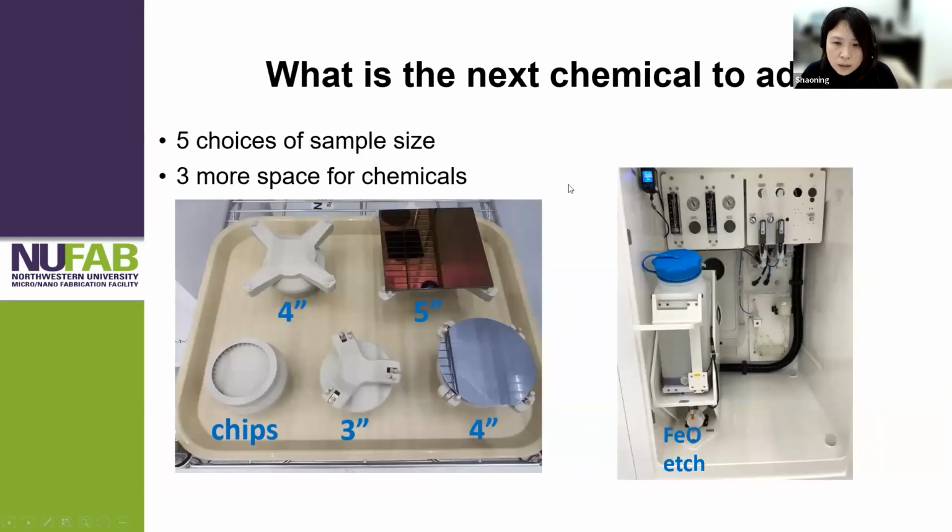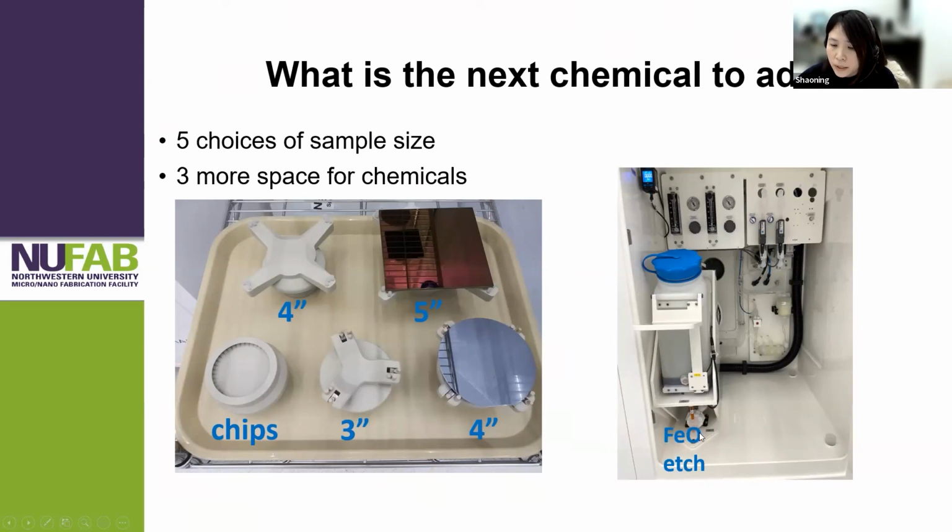So right now, this is what we have. We actually have the capability for 4-inch and 5-inch photomasks. We already have sample holders for 3-inch wafers, 4-inch wafers, and wafer chips. Here, what you see is the compartment of the chemical chamber. As you can see, this is the container for chemical.